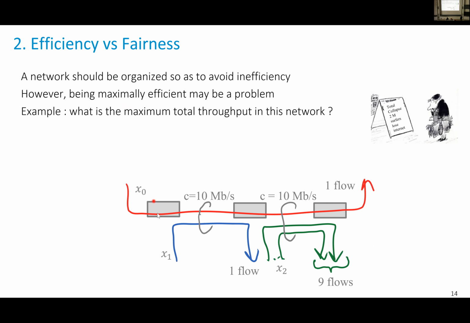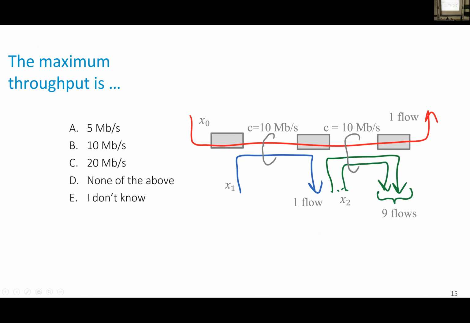Here is a small toy example where I have a network where I have red, blue, and green flows. I have 9 green flows, 1 red, 1 blue, and different capacities are going here. What is the maximum total throughput of this network? So if we want to reach the total throughput, what can we achieve here?